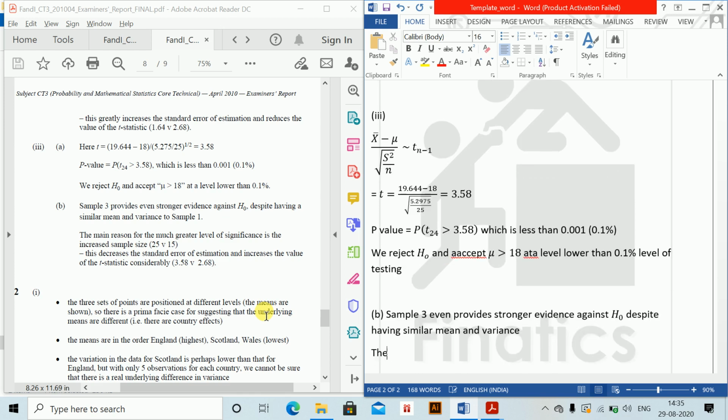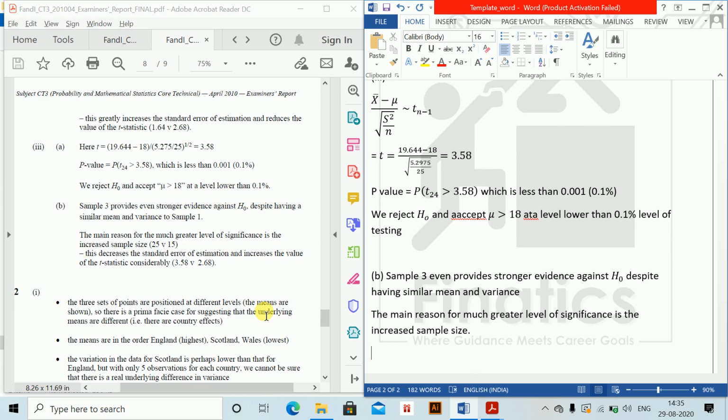The main reason is obviously the sample size. The main reason for much greater level of significance is the increased sample size. Okay, so here we have all of these. This completes our question 1.